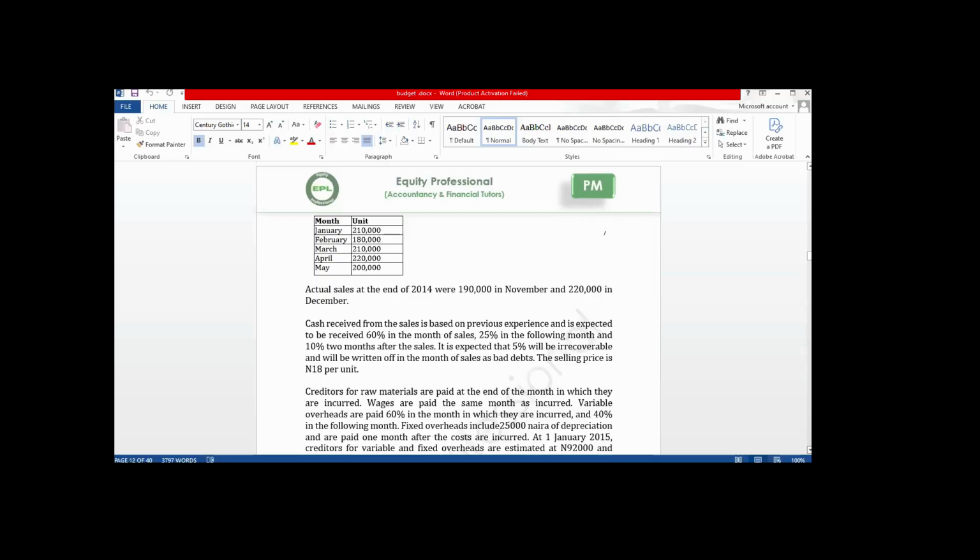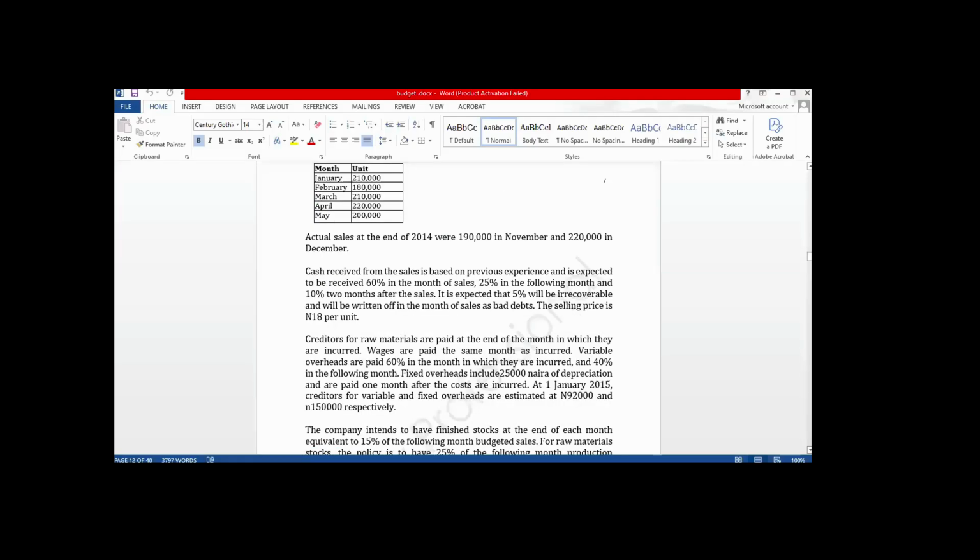Next, cash received from the sales is based on previous experience and is expected to be received 60% in the month of sales, 25% the following month, 10% 2 months after sales.